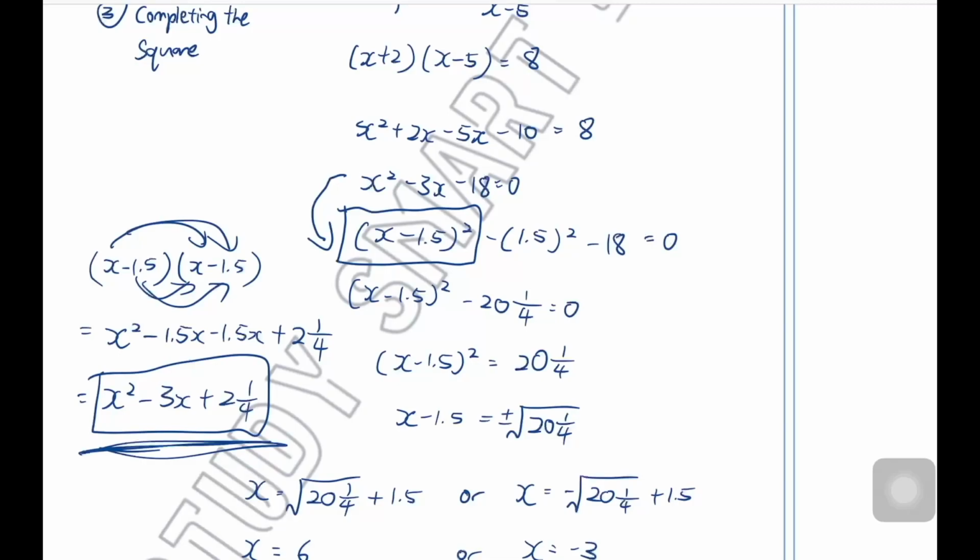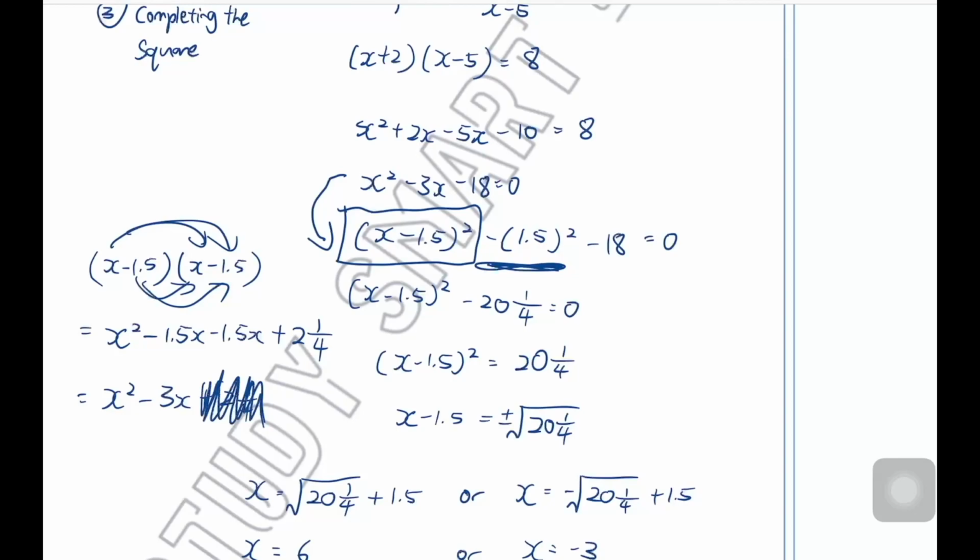Essentially this minus 1.5 squared. I'm trying to subtract away this 2 and 1 quarter. Why? Because if I subtract away this 2 and 1 quarter and then put in a negative 18, this is essentially the same equation as this. That means that I have not done anything to change my equation.